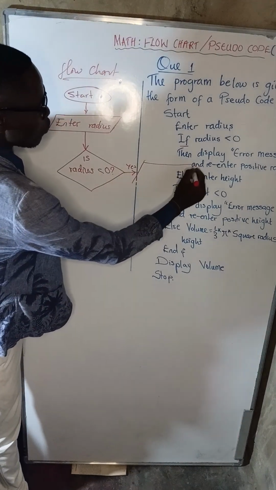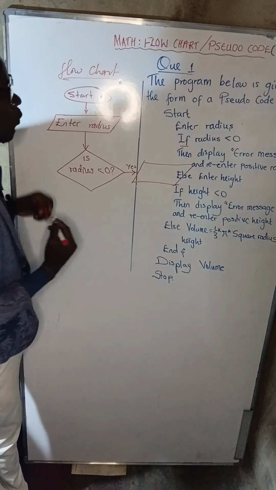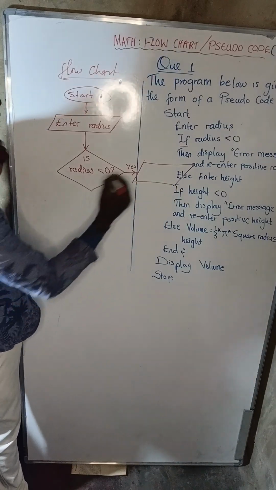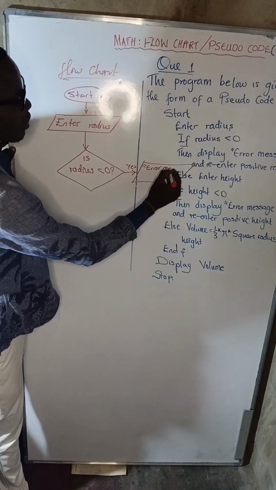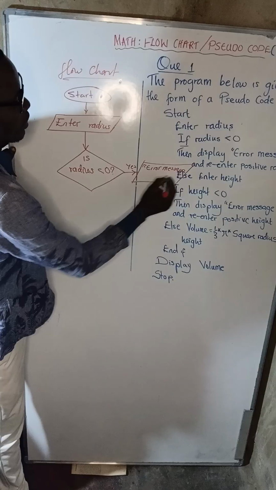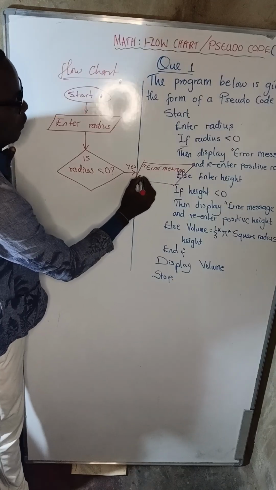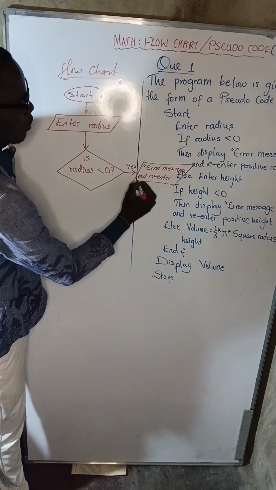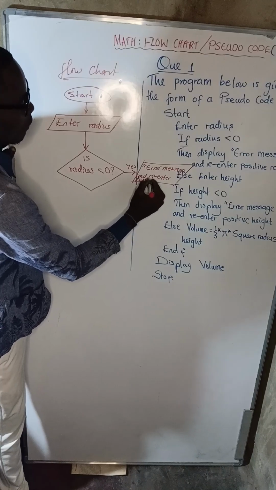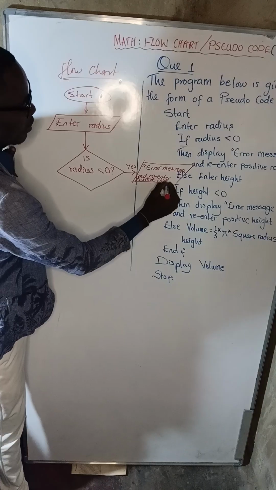So we are going to display in this form. Here they are saying display error message, so we write error message, and re-enter positive radius.